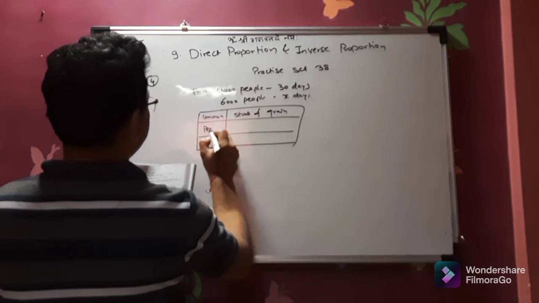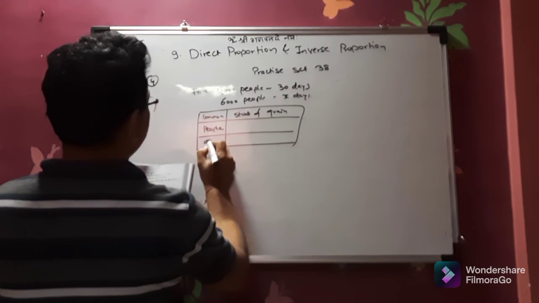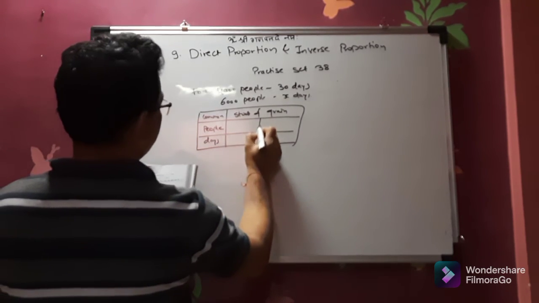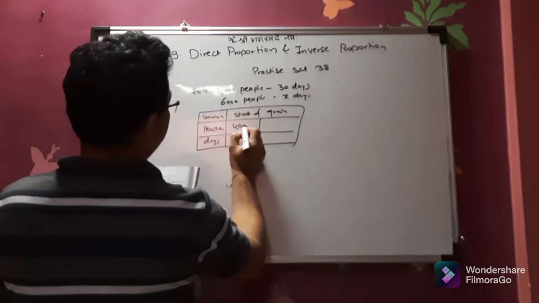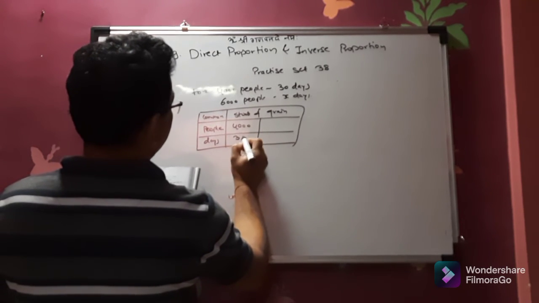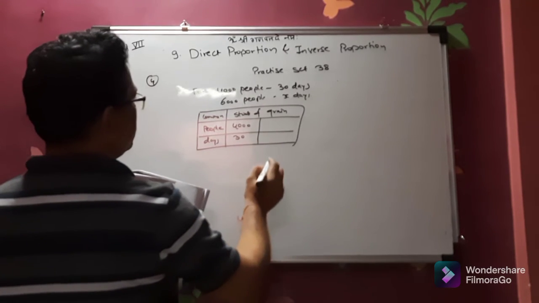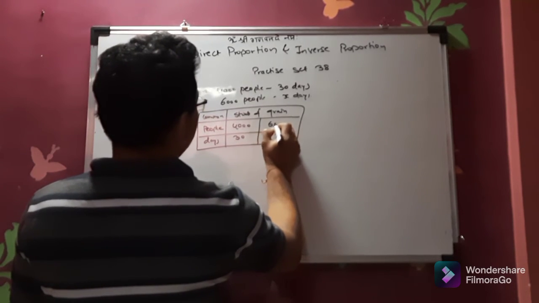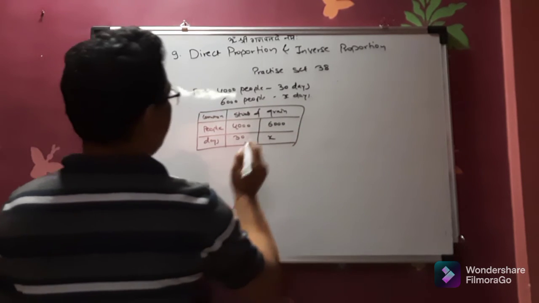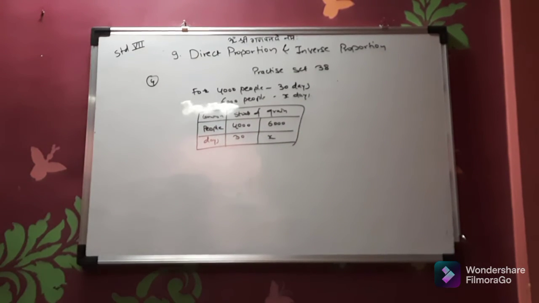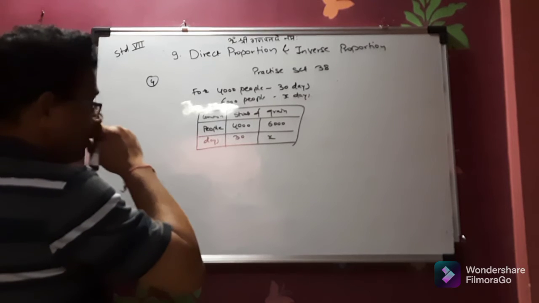Here is people. Here is days. For 4,000 people, this stock of grain lasts up to 30 days. When there are 6,000 people, how many days will this stock of grain last?